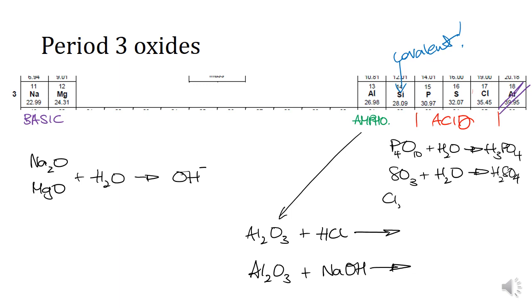Then we have Cl2O7, and I'm not going to balance this, it forms 2HClO4. Actually, that might be balanced. That is balanced. Wow.